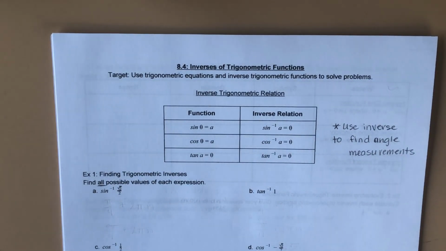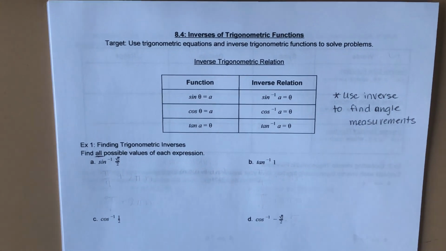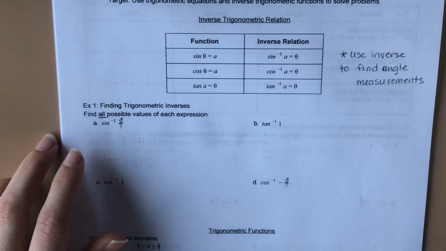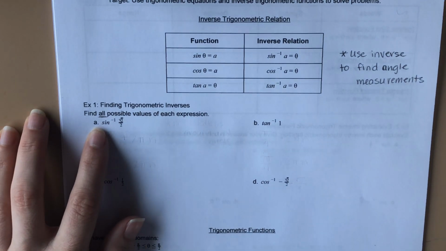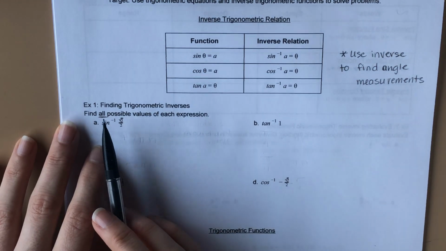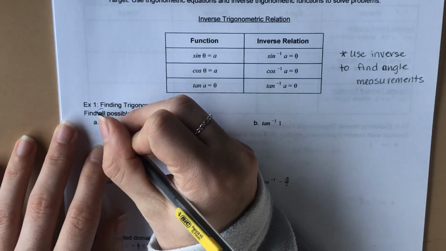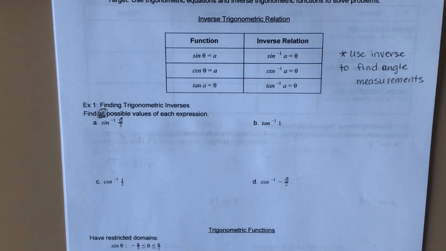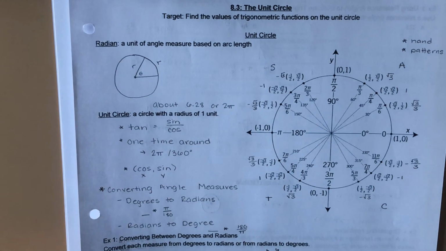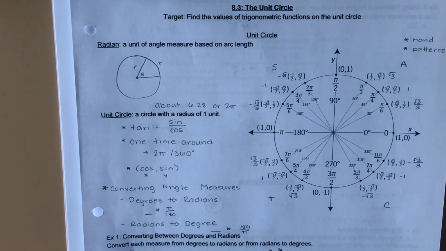Okay, so let's look at example 1a. I have the sine inverse of root 2 over 2, and it wants us to find all possible values. So this "all" is actually going to be key. I want to pull out my unit circle, and we are going to look for where sine is root 2 over 2.